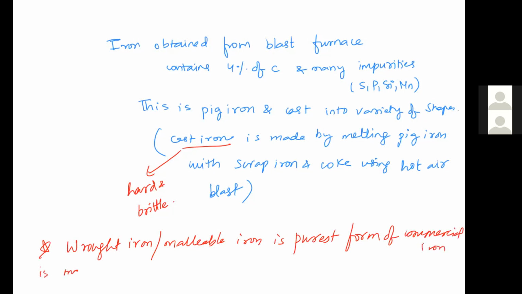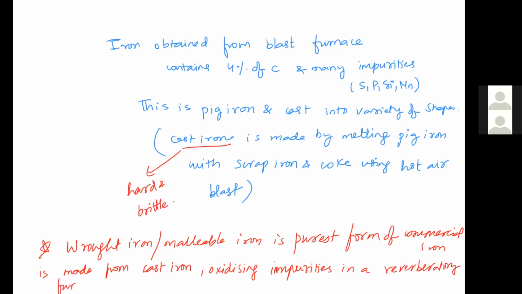It is made from the cast iron by oxidizing the impurities in a reverberatory furnace lined with hematite.